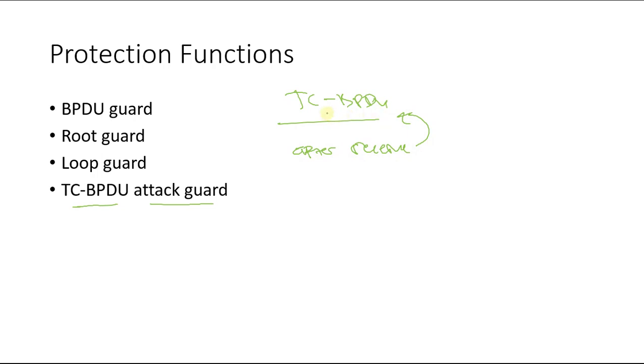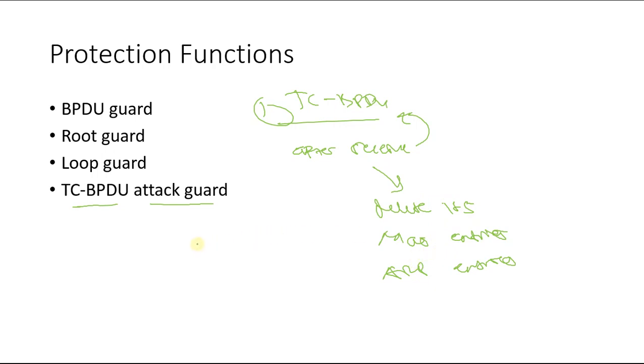After the switch receives a TC BPDU, the switching device will delete its MAC entries and ARP entries. Okay, this is concept number one before we jump into the TC BPDU attack guard. So if the switch receives a TC BPDU, it will delete its MAC entries and ARP entries.